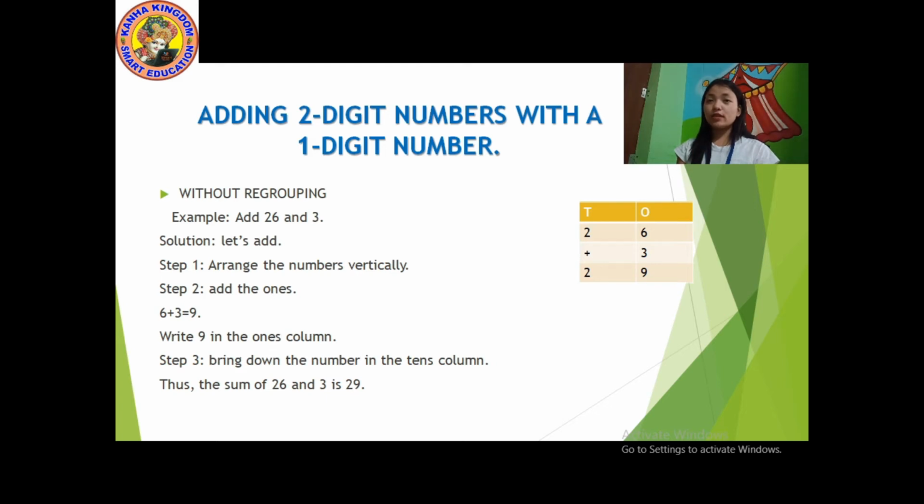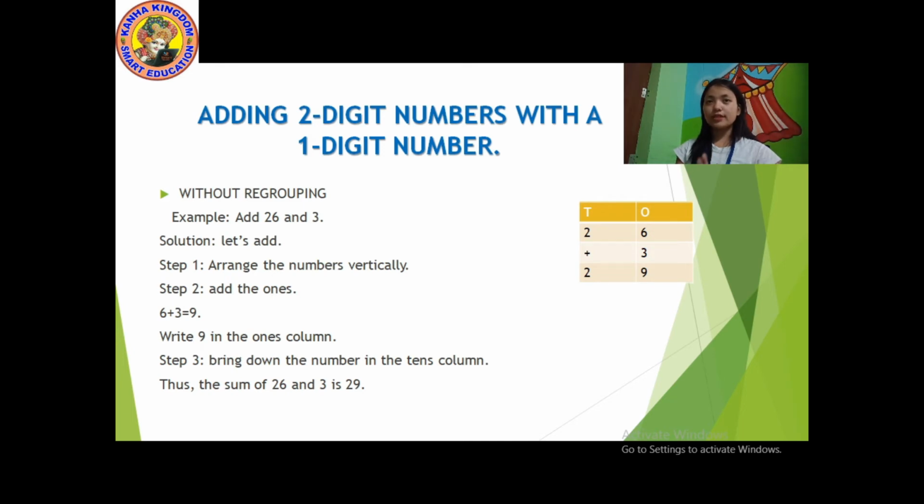After adding the ones, we got 9, so we write 9 in the ones column. Step 3 was bring down the number in the tens column. We bring down the 2 in the tens column, so the sum of 26 and 3 is 29, right student?